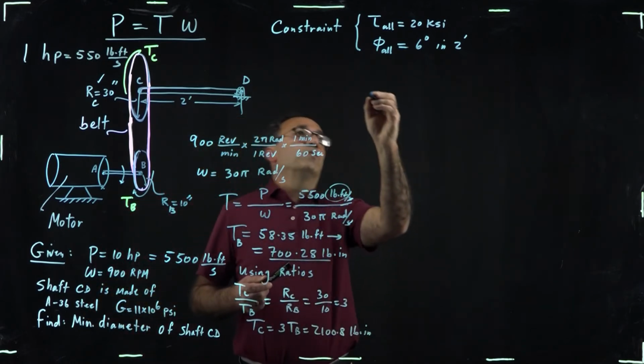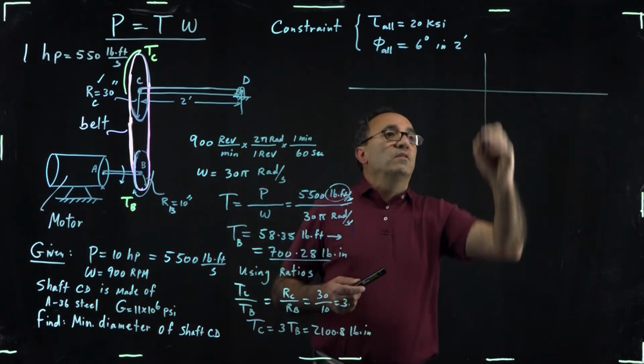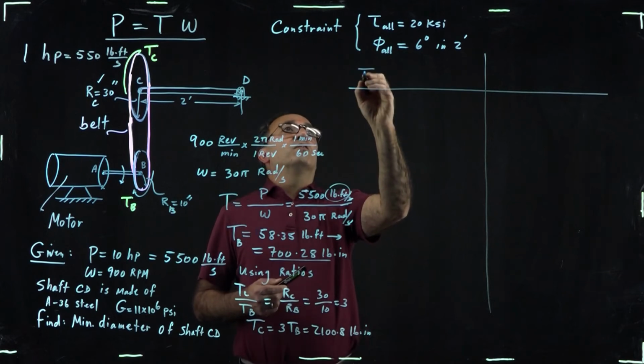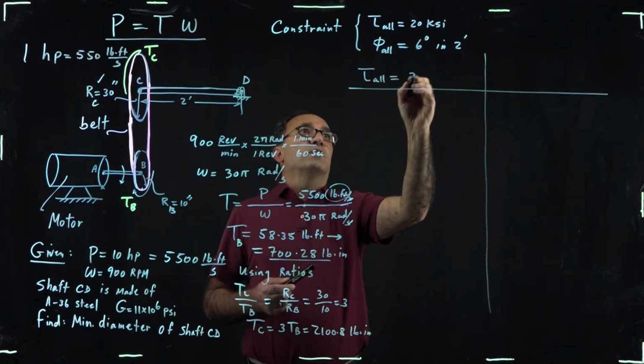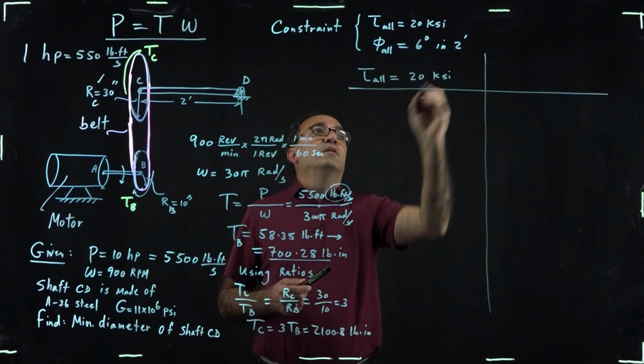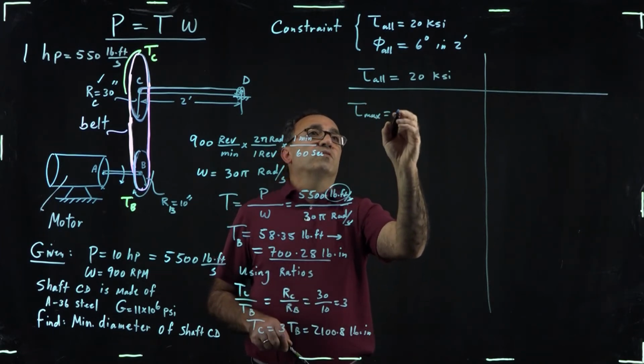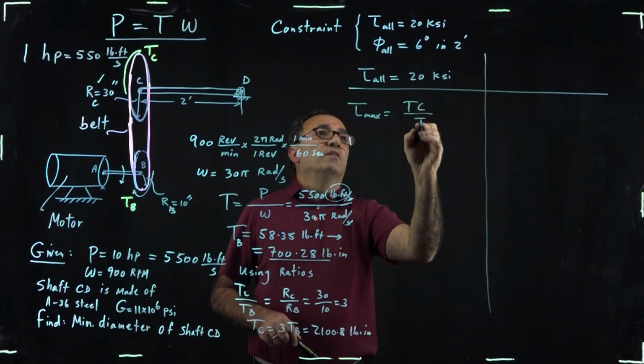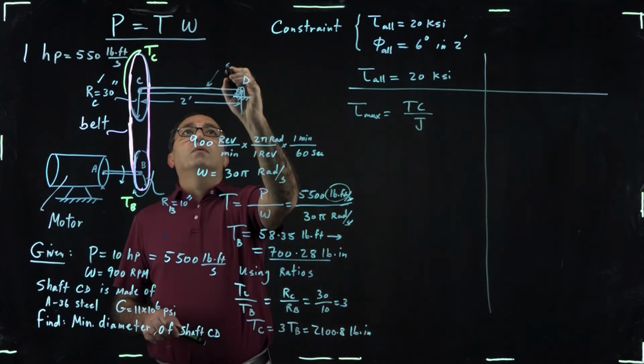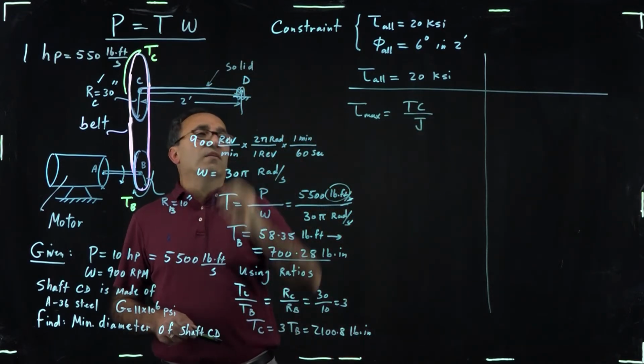Now that we know the torque acting on this shaft CD, we're pretty much done. We have 2 constraints. Based on the constraint on shear stress of 20 KSI, we know that maximum shear stress is TC over J. This shaft, even though I didn't mention it, is a solid shaft.